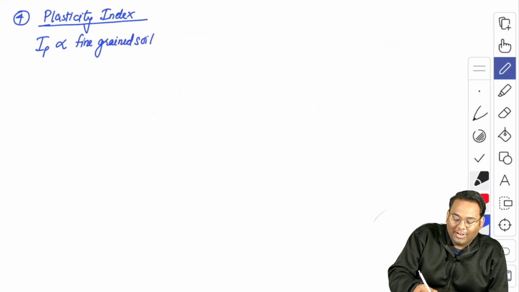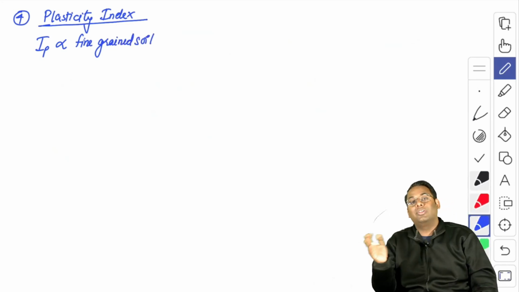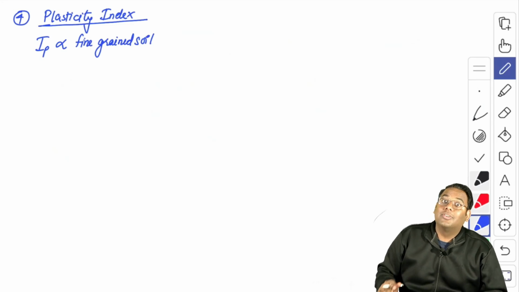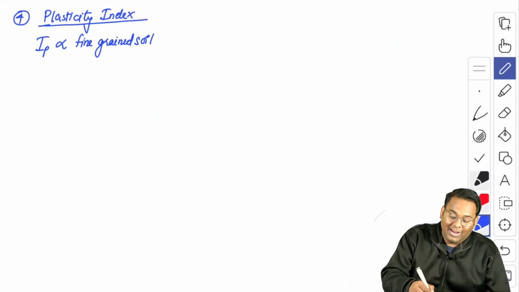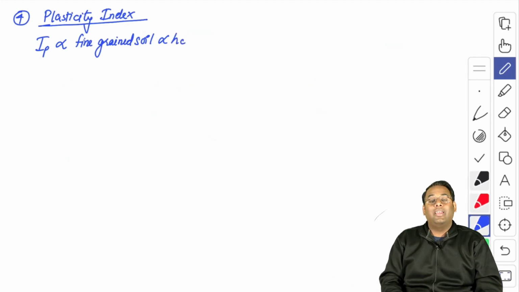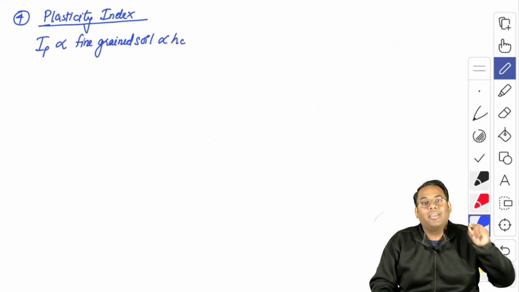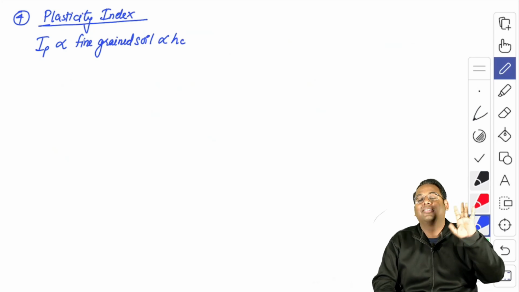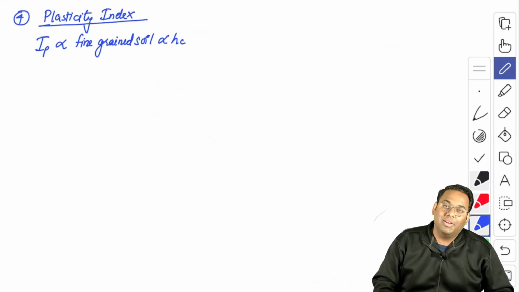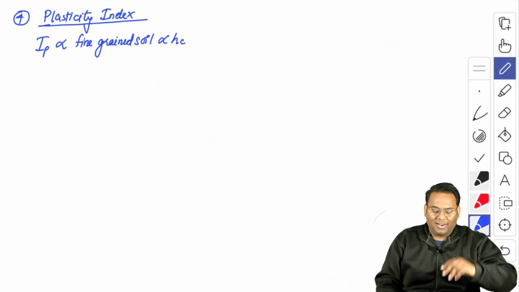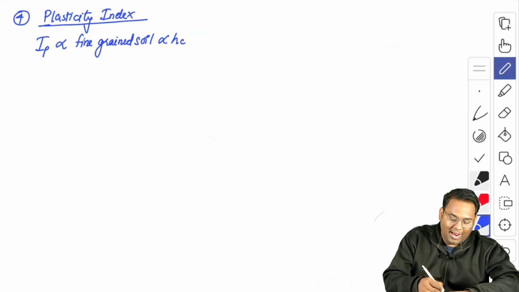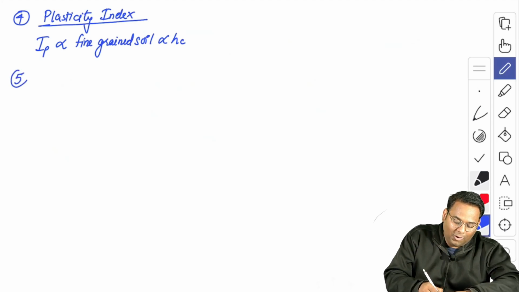More is the soil fine grained, more is the value of IP. But if a soil is more fine grained, the value of HC will also be more for that soil. Why? Because for fine grained soil, the size of voids will be smaller and hence the value of capillary rise will be more. So this is another relation, and yes, you understand the main reason for this.